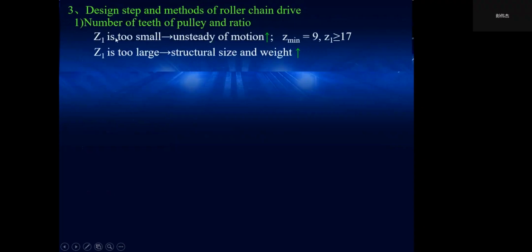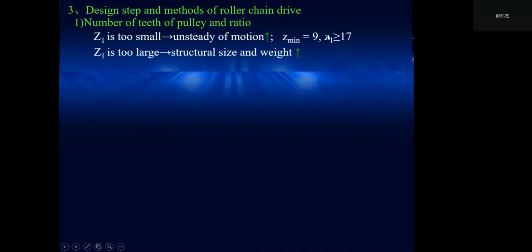First, we can determine the number of teeth of the pulley. We know that if Z is too small, the pulling effect is large, and then the motion is unsteady.